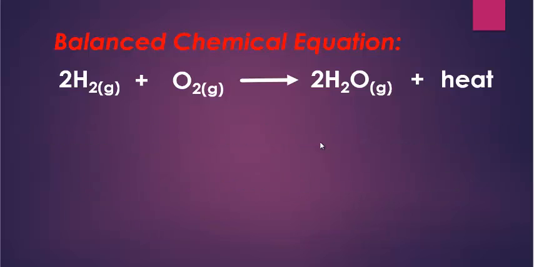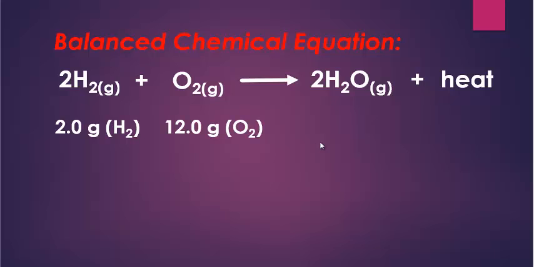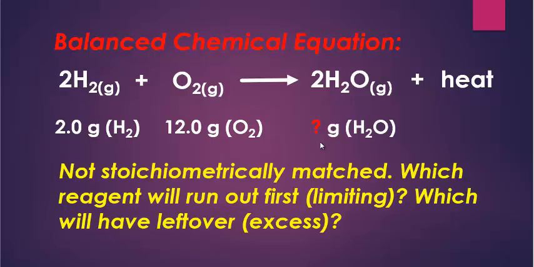So let's take a look at the equation again, and now we have a real case. If we're mixing 2.0 grams of hydrogen gas with 12.0 grams of oxygen gas, how many grams of water will be produced? You realize this is not stoichiometrically matched.